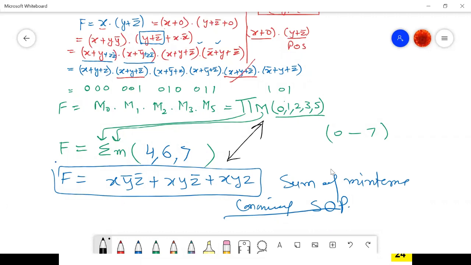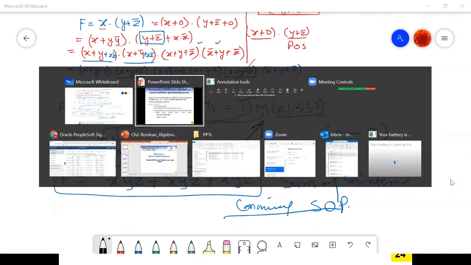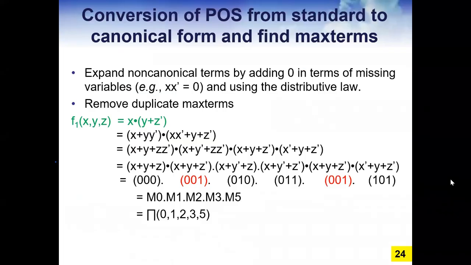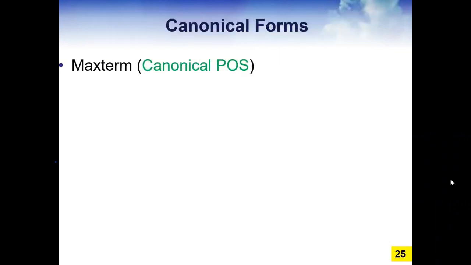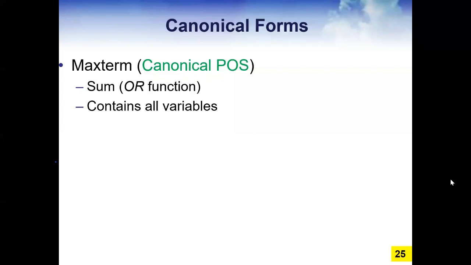Okay, so now move to the slide, girls. And it was the question I already explained to you. This is max term. And what is a max term? Basically, whenever you hear the name max term, we are talking about canonical product of sums form. It consists of a sum function and contains all variables.